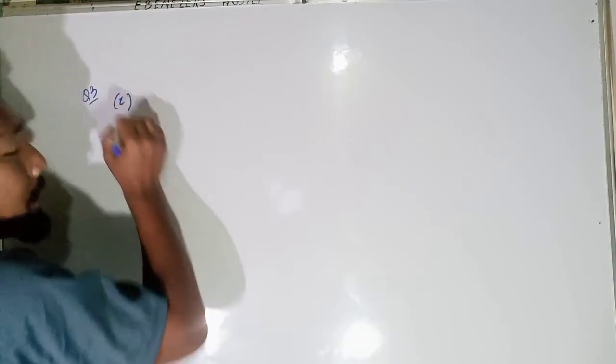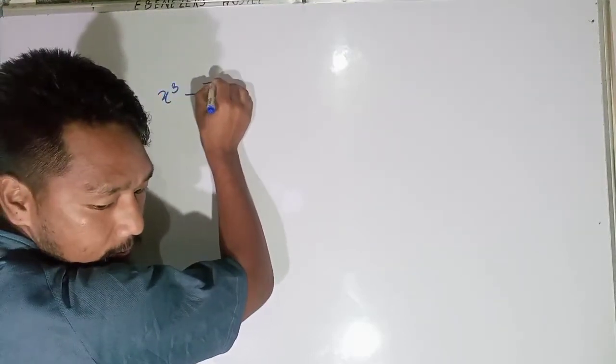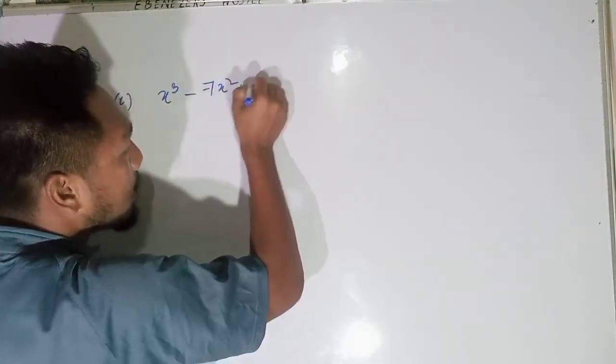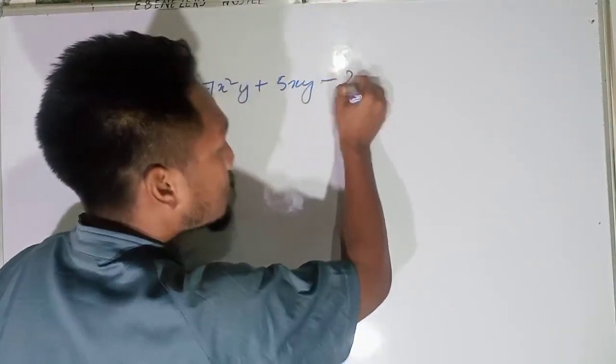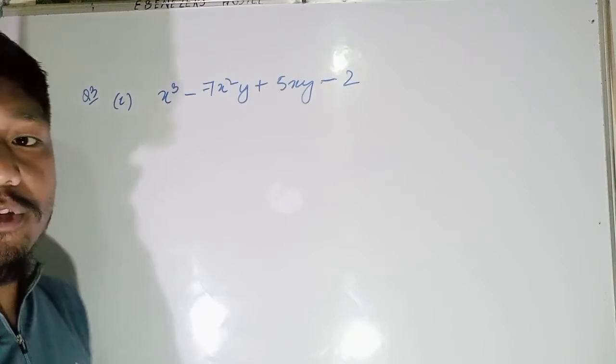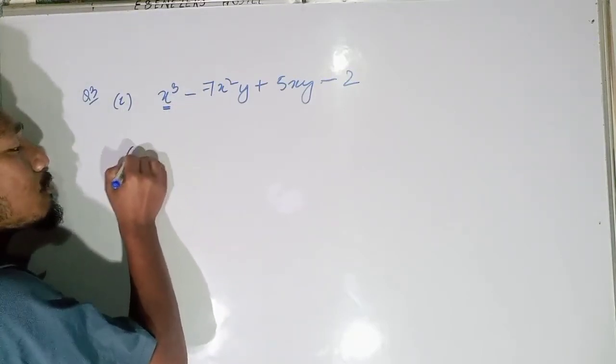Number 1, write the numerical coefficients of each of the following terms: minus 7 x squared y plus 5xy minus 2, and x cubed. The numerical coefficient of x cubed is what?